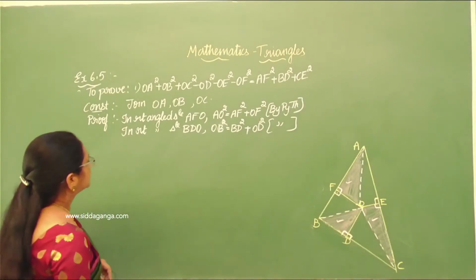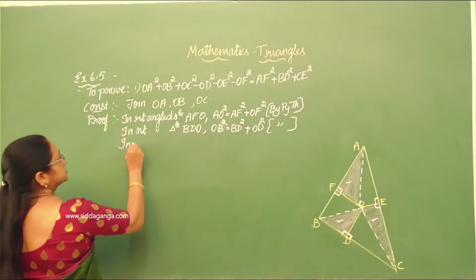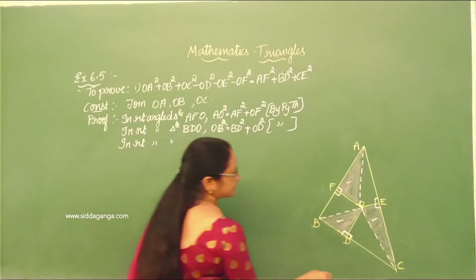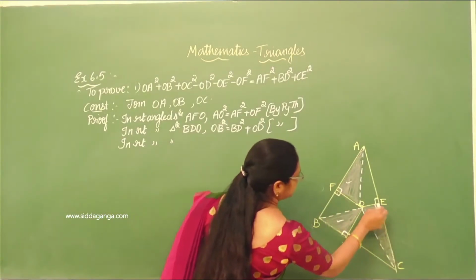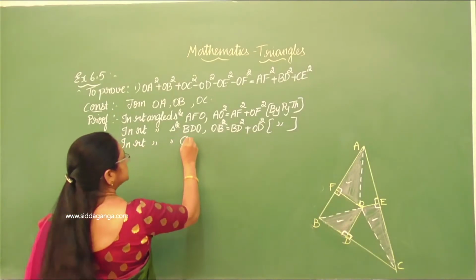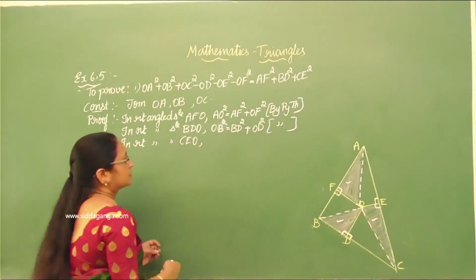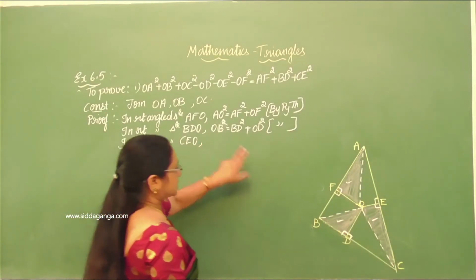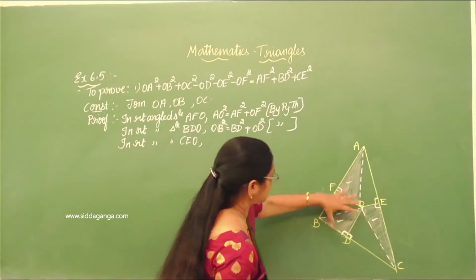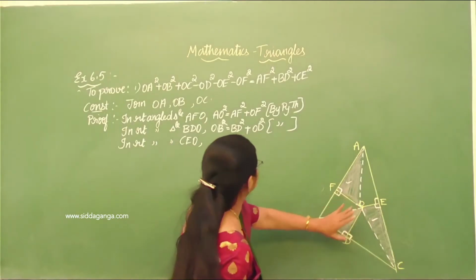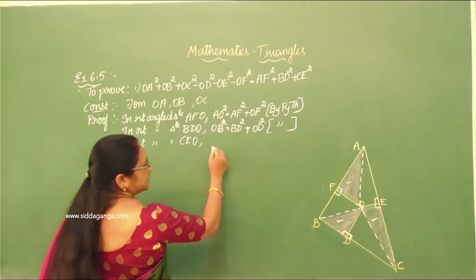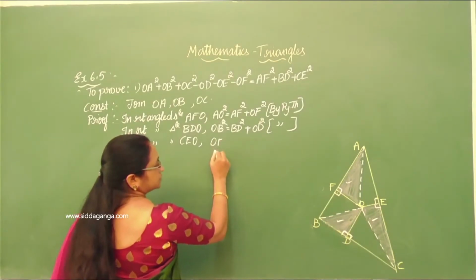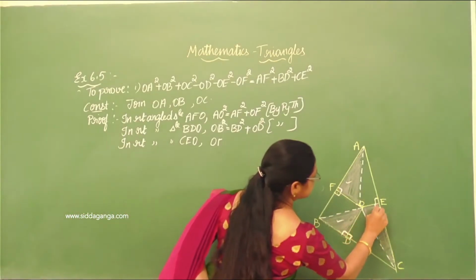Again, next, in right angle triangle, another one, that is CEO. OB square, that is hypotenuse, is equal to BD square plus OD square. Correct. Now CEO. See this one, this is the right angle.